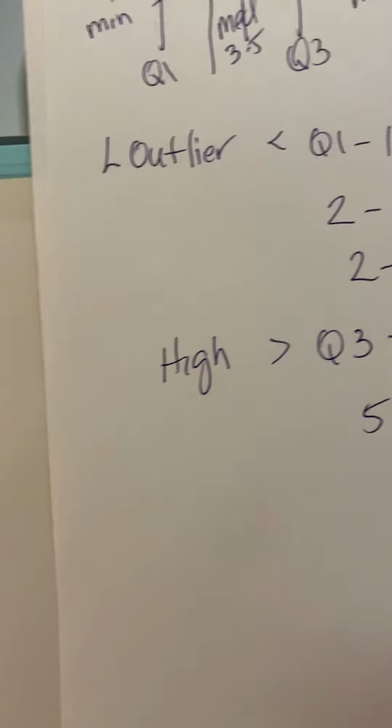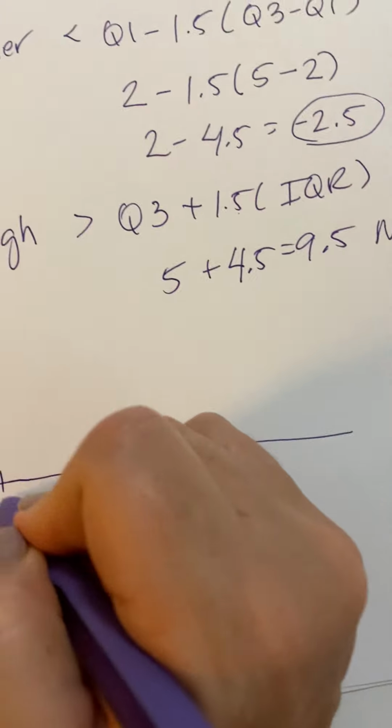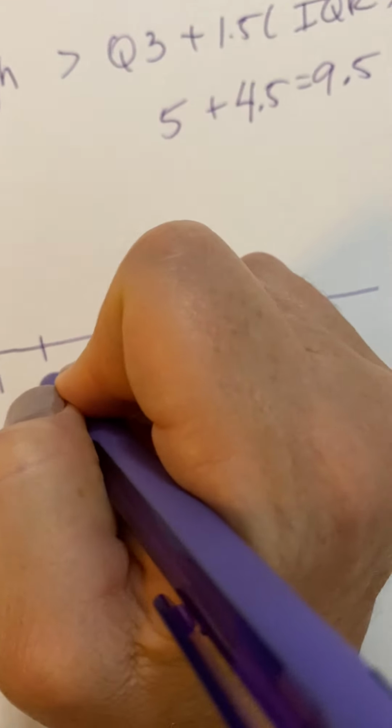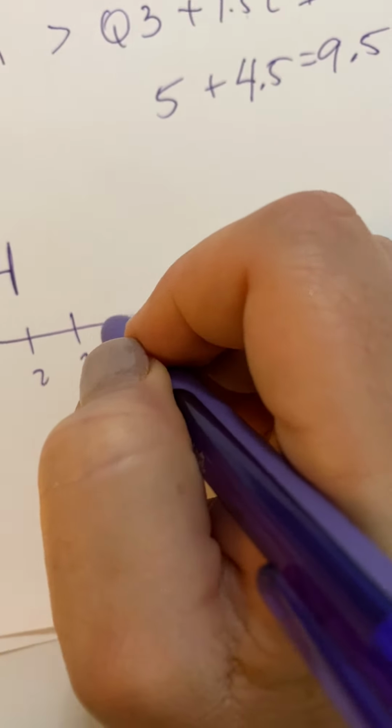So my box plot is going to look like this. One is my minimum, so that's where my first whisker is. 2 is my Q1, so I'm going to have it there. 3.5 is my median, so I'm going to have my next line here with my box.